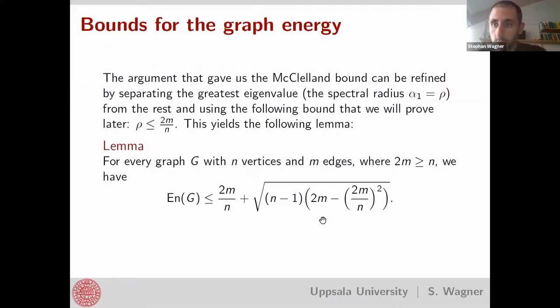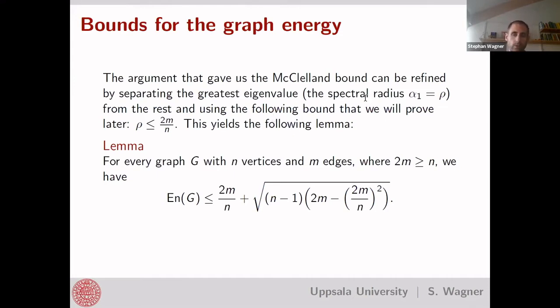So let me show you one way to improve. In the McClelland bound, we just took the inequality between arithmetic and quadratic mean. And equality holds in that inequality if all the terms are the same. But the eigenvalues of a graph are basically never all the same in absolute values.